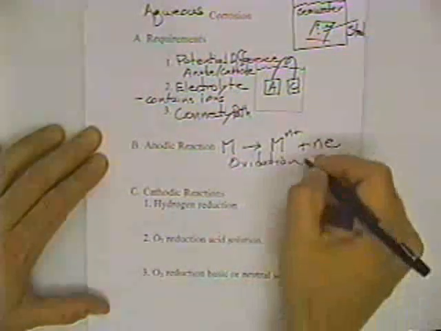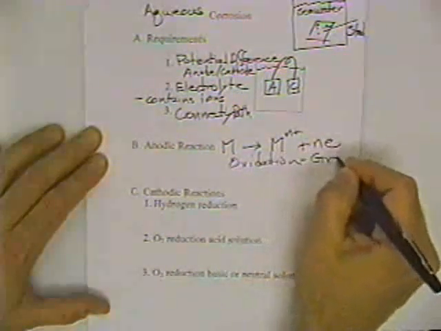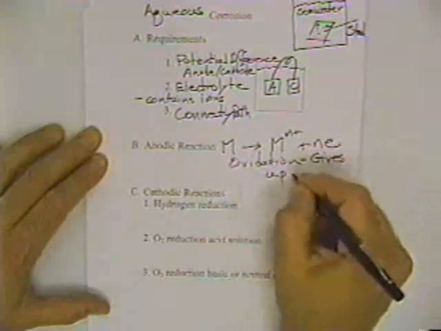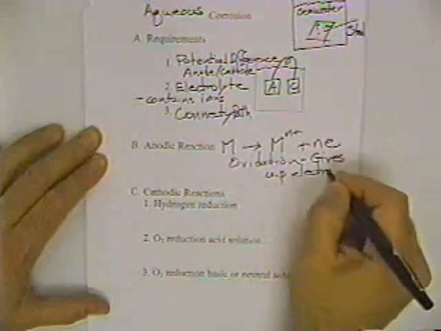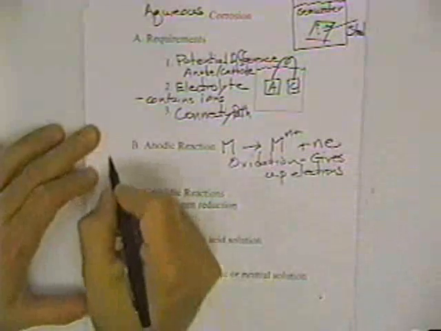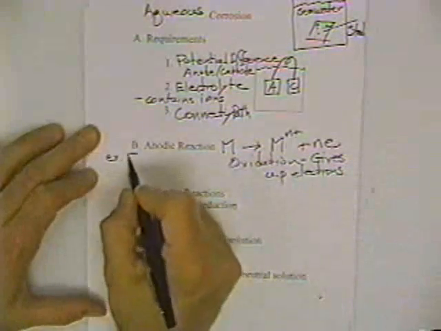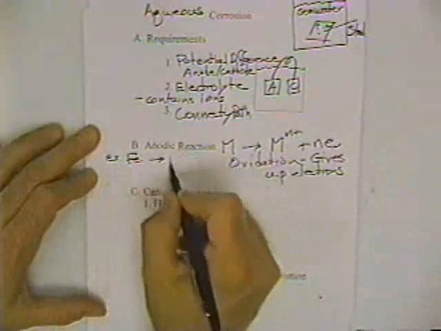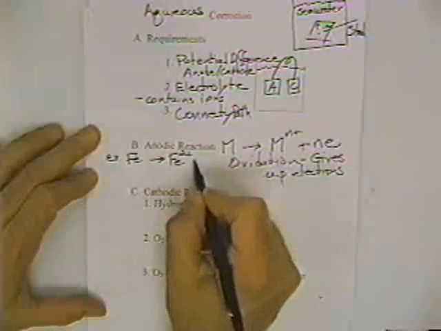The oxidation reaction gives up electrons. Now let's do a couple of examples here. If we take iron, iron goes to Fe2+ plus 2 electrons.